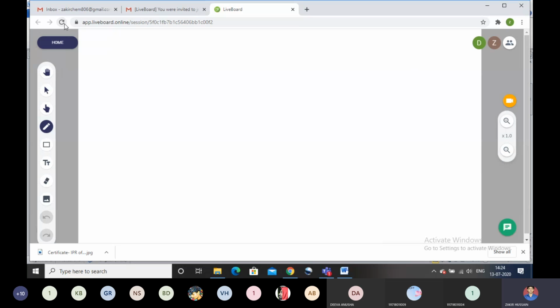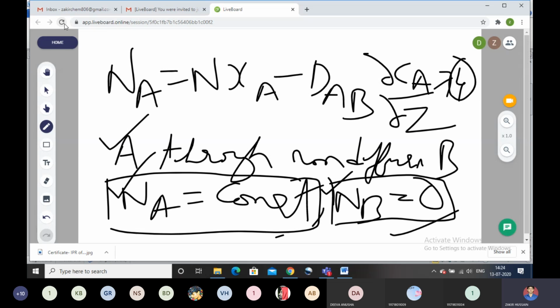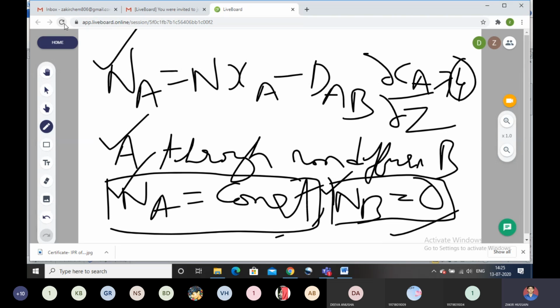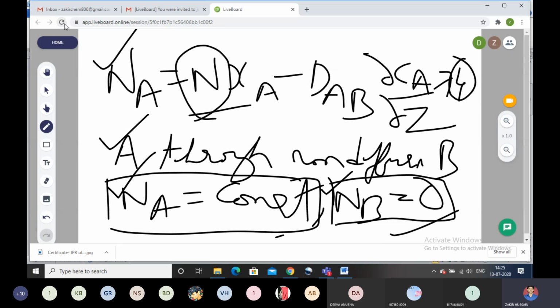Once again, equation 4 is NA is equal to N XA minus DAB dou CA by dou Z. Here capital N is the total flux, and since there are only two components, it is NA plus NB.